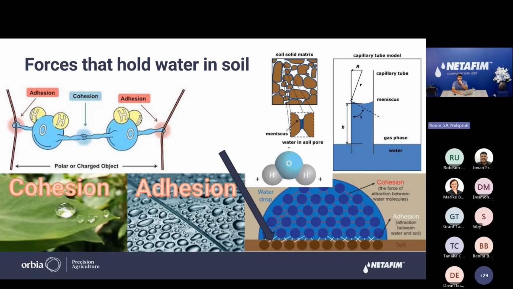That polarity is important because the positive side will attach to the negative side of the soil particles, and the negative side will then attach. That's where the cohesion comes in: the next water droplet's positive side will connect to the negative side, if that makes sense.